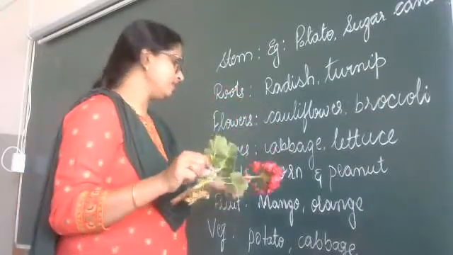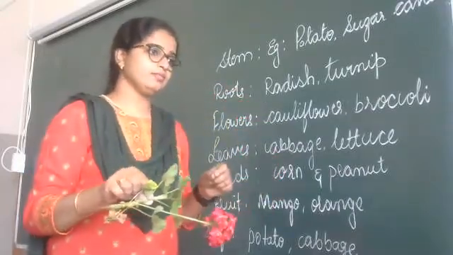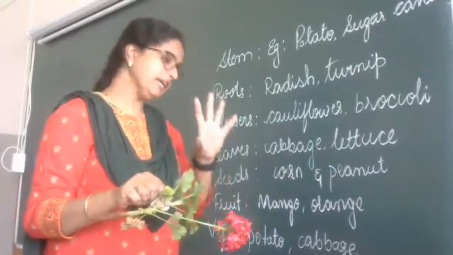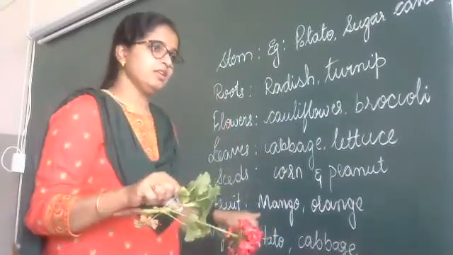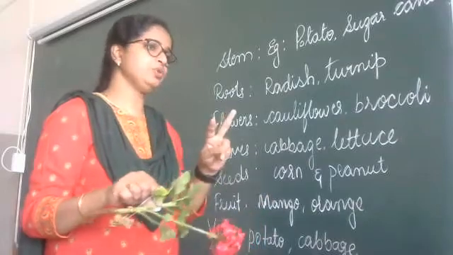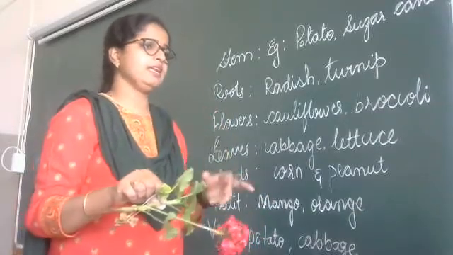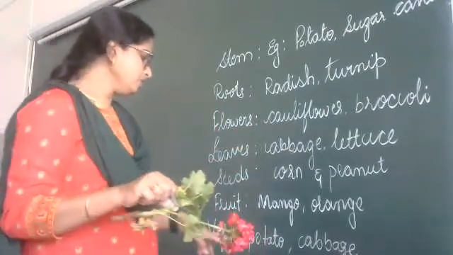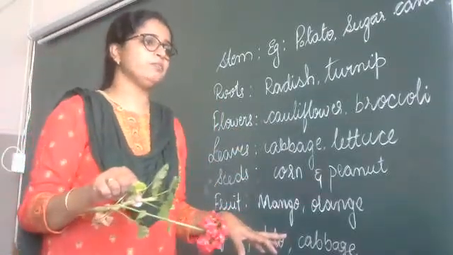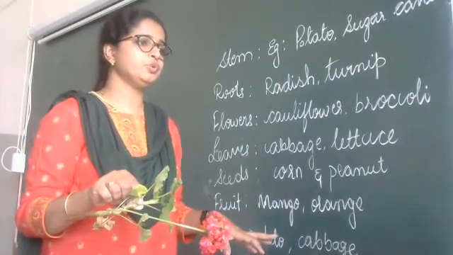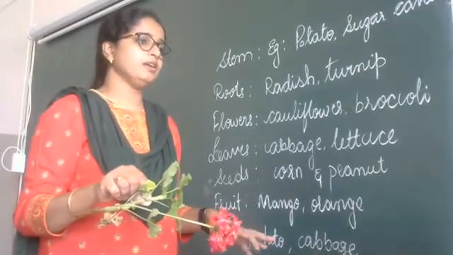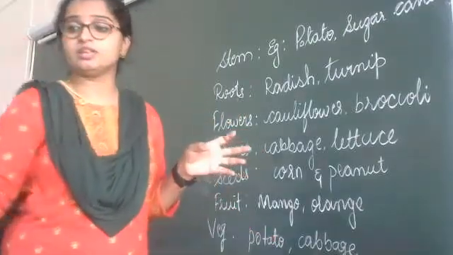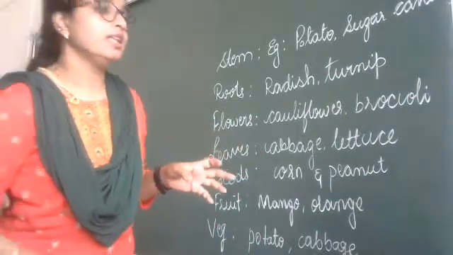Seeds: corn, peanut. That also we eat. Fruits: there are so many fruits. I have written only a few here: mango, orange, grapes, watermelon. And also we eat vegetables like potato, cabbage, beetroot, brinjal. There are so many vegetables that we eat.